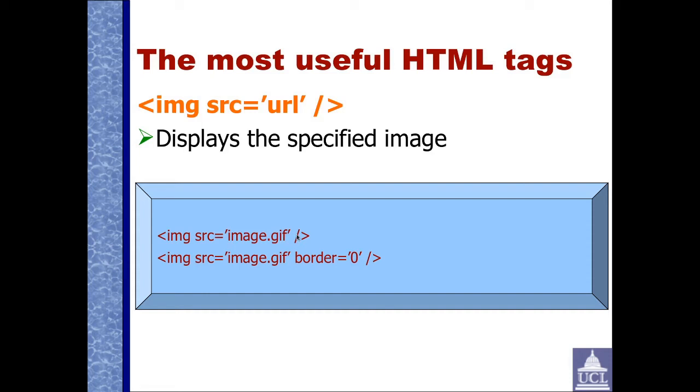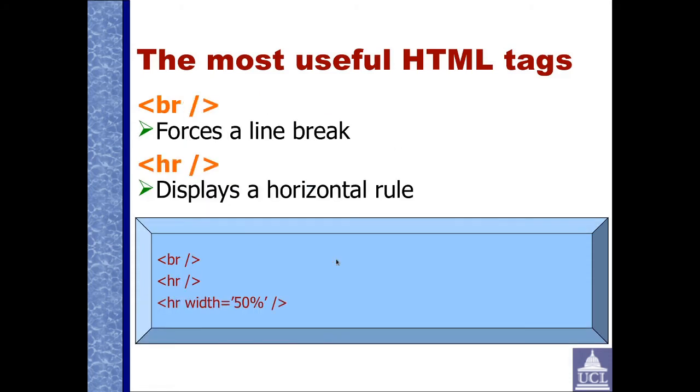Instead, it's a self-closing tag with a / and a greater than. And we can add extra attributes like border=0, because the default is actually to draw a thin line around an image.